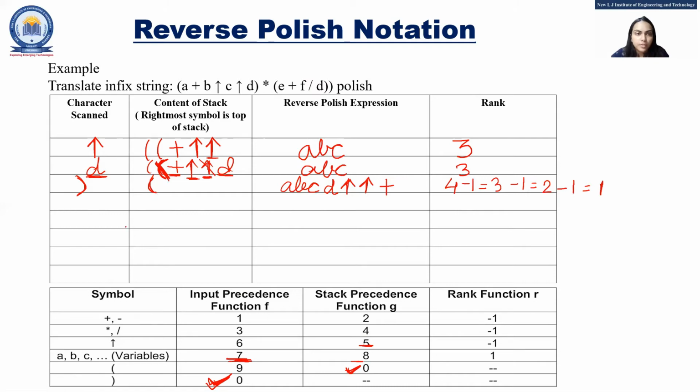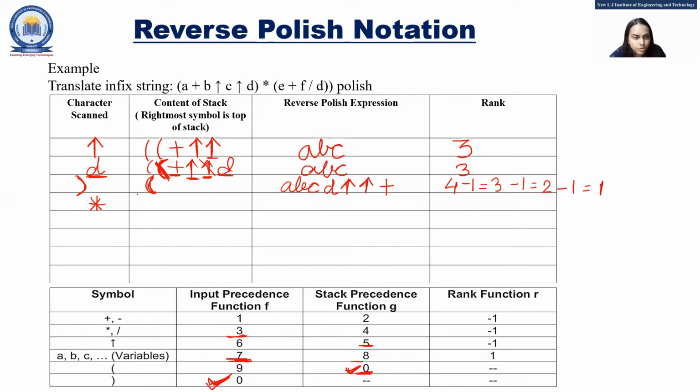Now, next is star. What does this star do? What is the stack precedence of this opening bracket? This is 0 and the input precedence of star is 3. So is 3 less than 0?